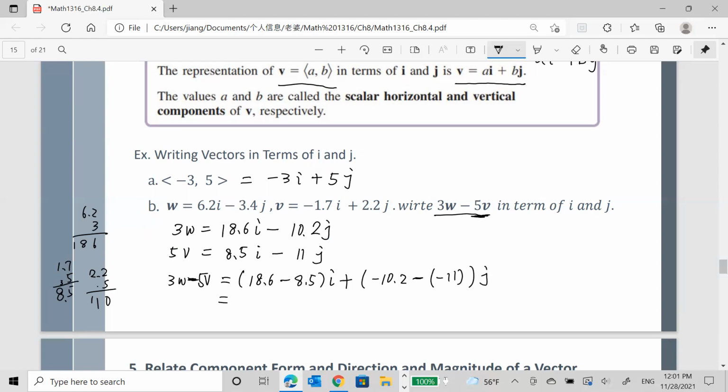So this one is 10.1 i plus, so let's see, what are these? So 11 minus 10.2, 0.8j. So this is the answer.